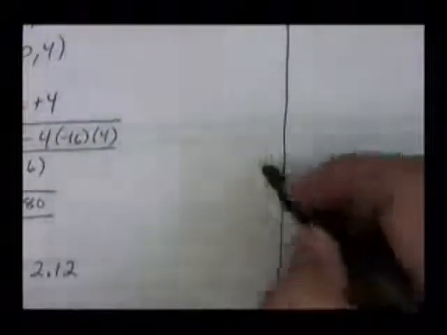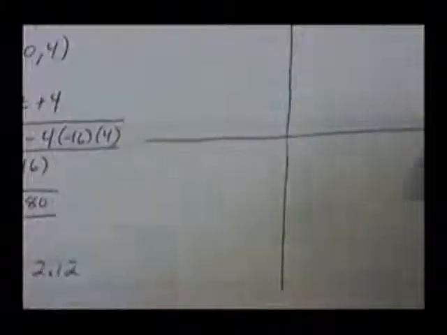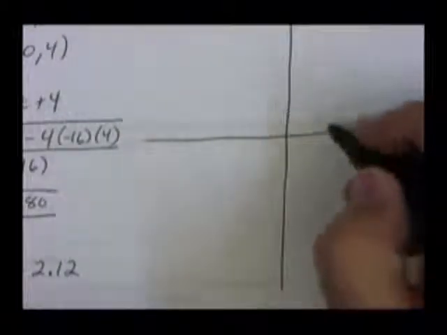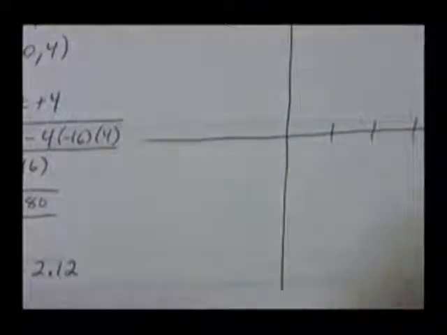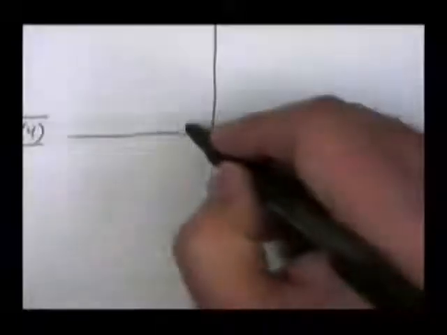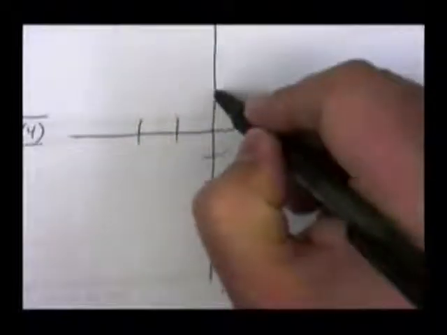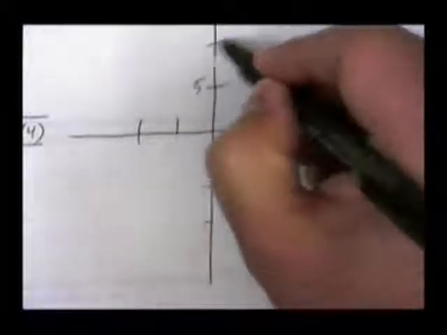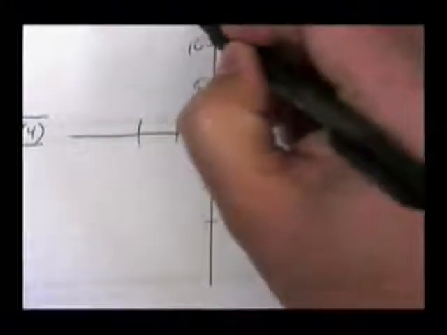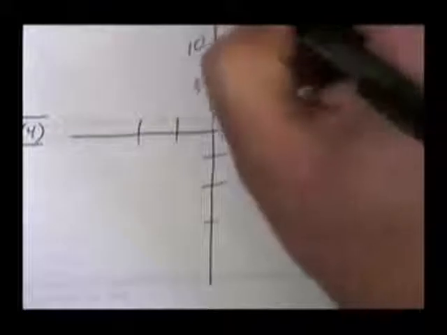So now, if I graph that, alrighty, let's see here. I've got 1, 2, 3, 4, and up here I'm going to go 5, 10, 15, and 20. Okay?